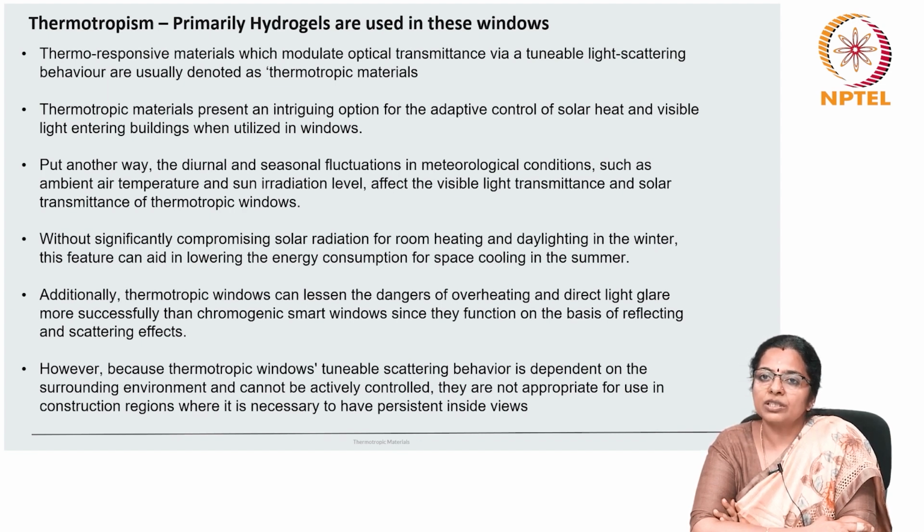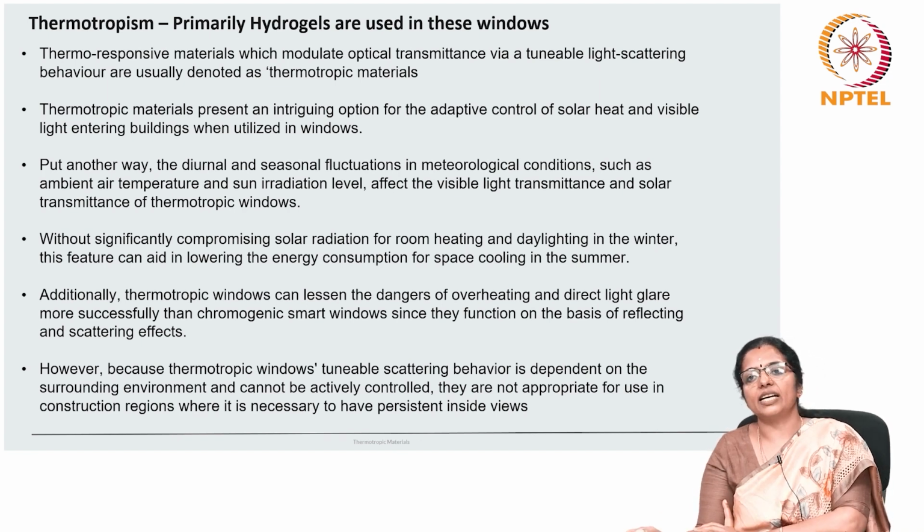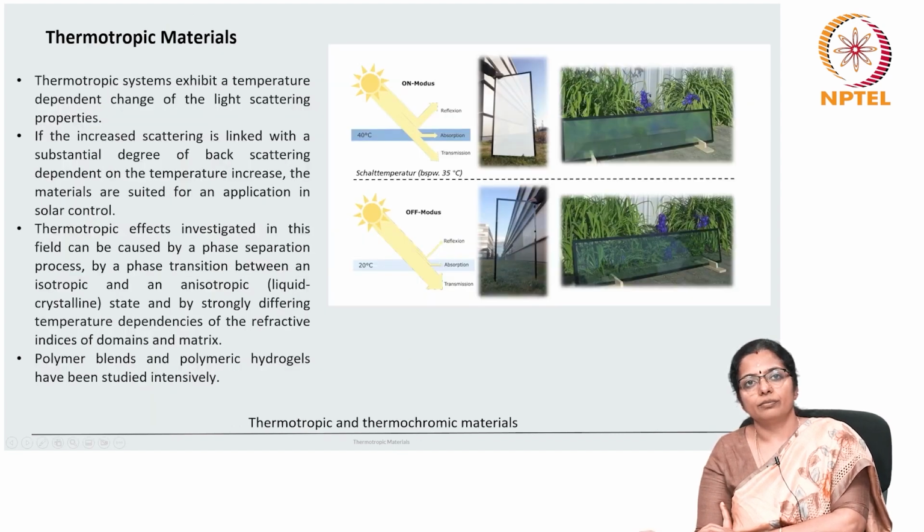However, because thermotropic windows' untunable scattering behavior is dependent on the surrounding environment and cannot be actively controlled, they are not appropriate for use in construction regions where it is necessary to have persistent interior views.